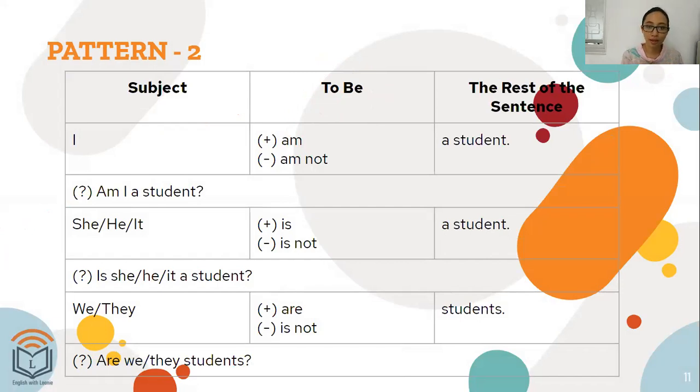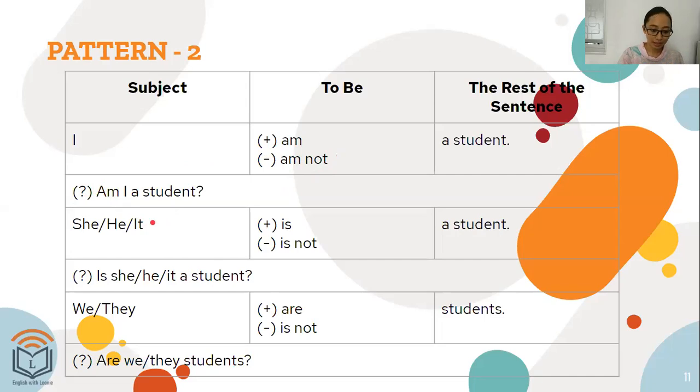It depends on the subject. Okay, look at the first one. The subject is I. The to be is am. So I am a student. Okay, you look at here. There is no verb, so we need to be. I am a student. And to make it negative, it's easy. Just add not. So it becomes I am not a student. And the interrogative is move the am to the front. It becomes am I a student?